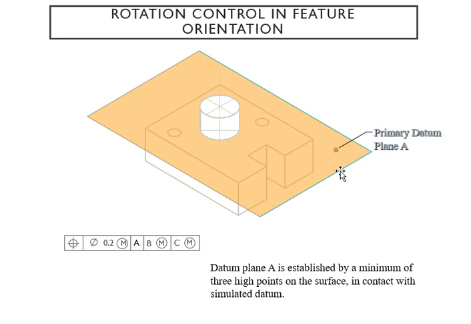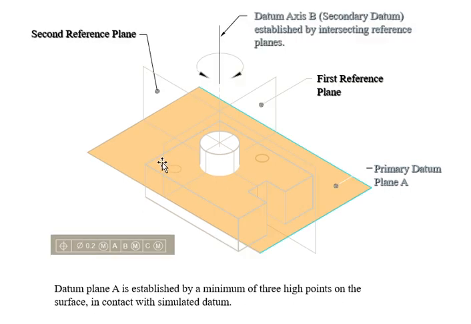Your datum plane A is established, and since that's the primary, you have a minimum of 3 high points on the surface, and that has to be simulated with a simulated datum, some kind of gauge or tool. Then we're going to bring in our reference planes. Your first reference plane, and a second one cutting through like that.